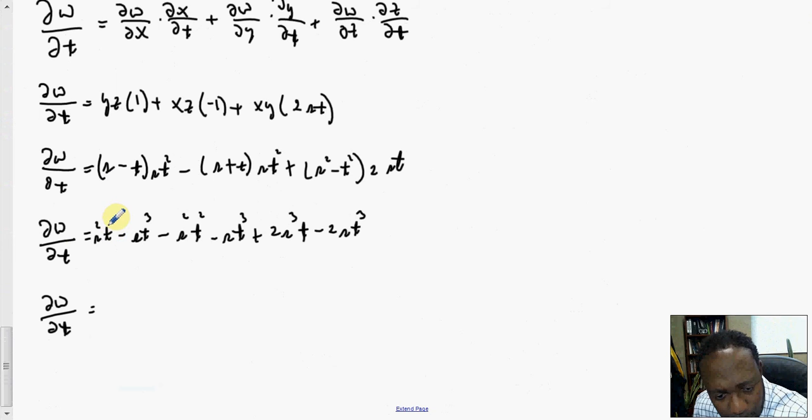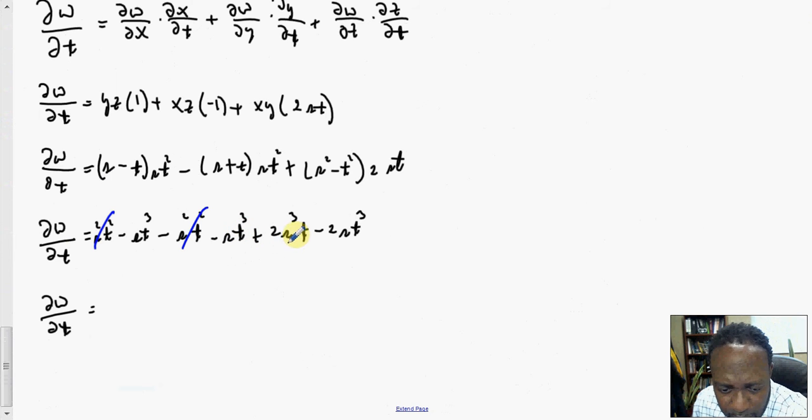S squared t squared. Now notice here that s squared t squared cancel out with this term there, and we have an s t to the third, and then it's minus, and this is a minus s t to the third, so they're like terms.